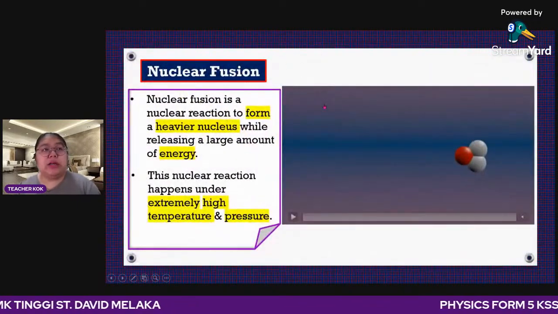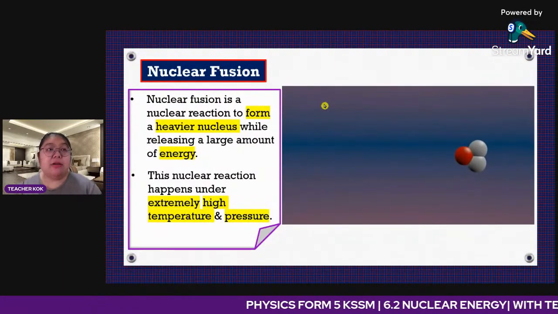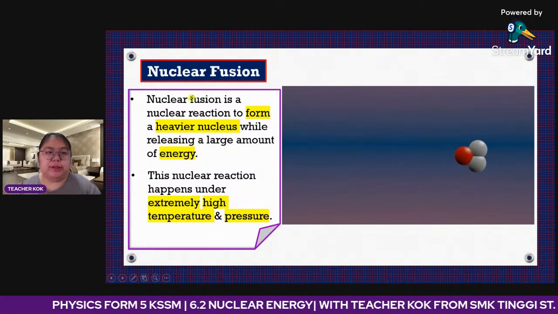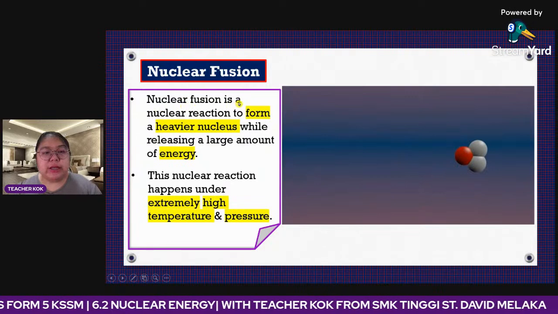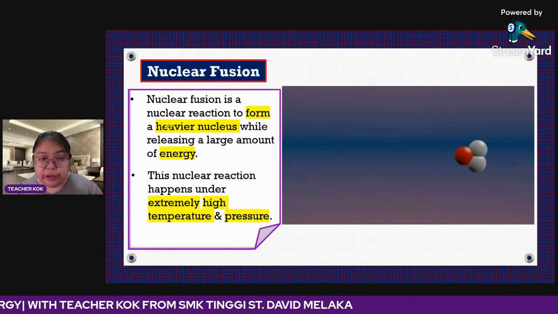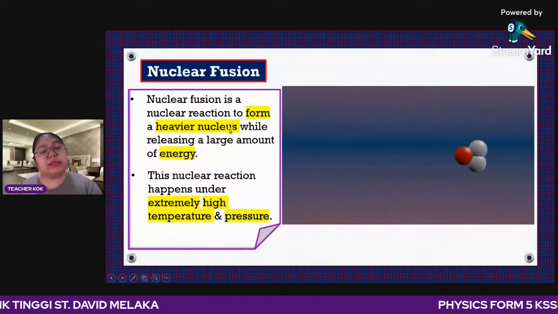Nuclear fusion. Just now was fission, now it is fusion. Let's see the meaning of fusion. Nuclear fusion is a nuclear reaction to form a heavy nucleus. This is the opposite.